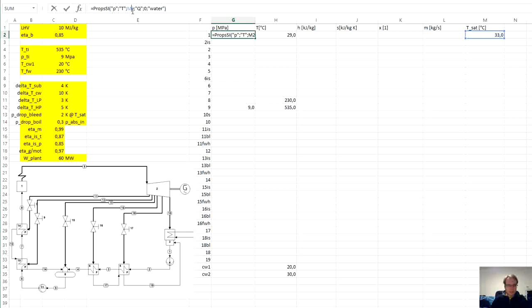And of course temperature needs to be in degrees Kelvin. And all the parameters need to be put in capital. And we want megapascals, so we divide the value by 1 million.